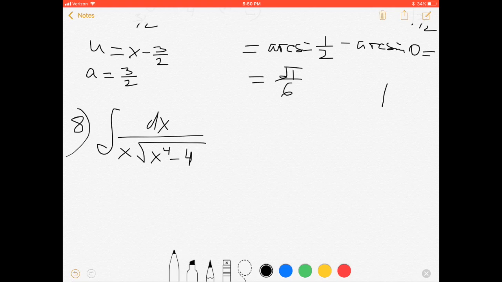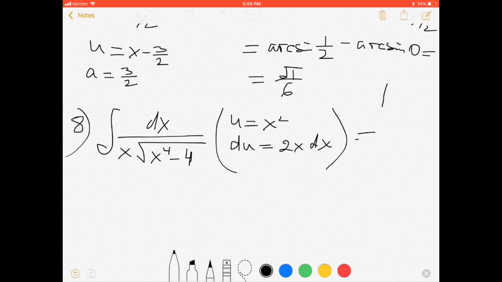Here is a substitution, because I need a squared function inside the root. This means u squared will be x to the fourth. This means u will be x squared. du will be 2x dx.